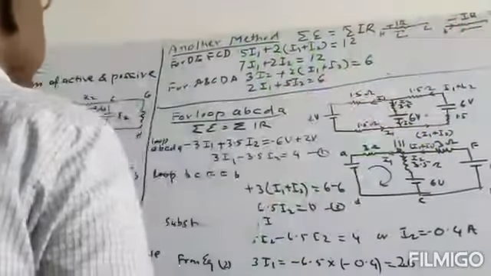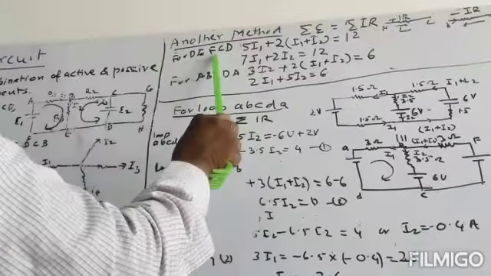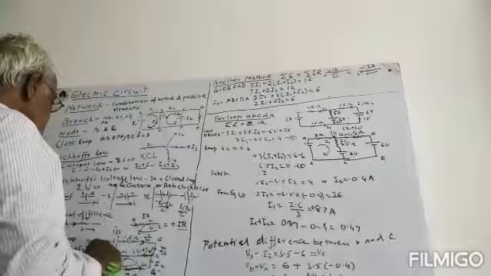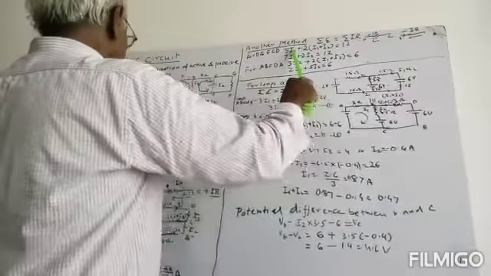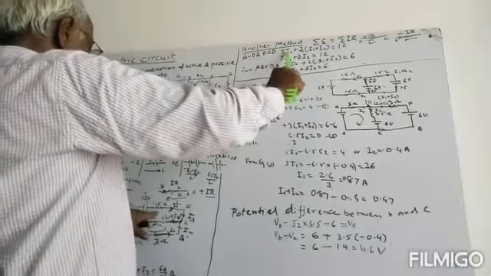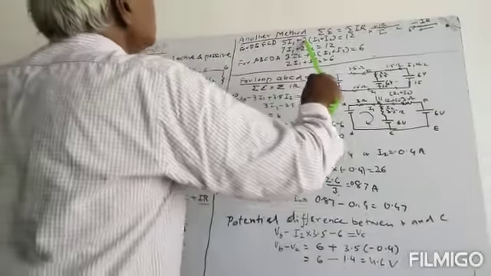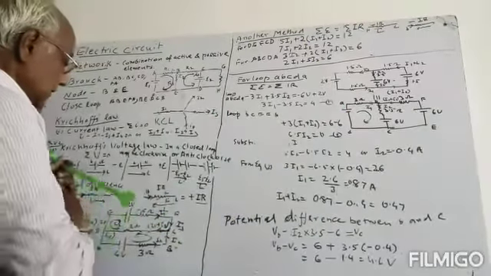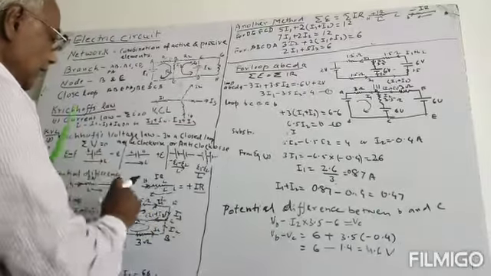Now if we take this convention, we can write for the C, D, E, F loop. We start from here. The loop direction is this and the current is also in this direction, so it will be 5I1.